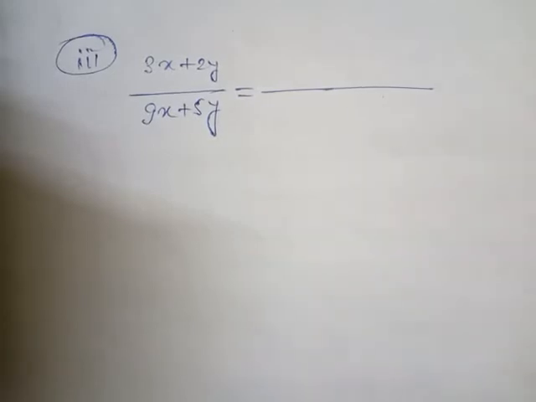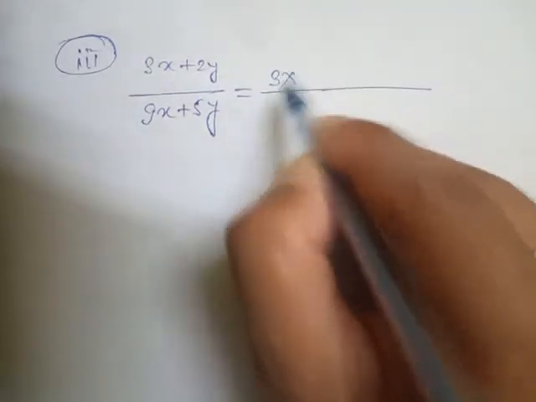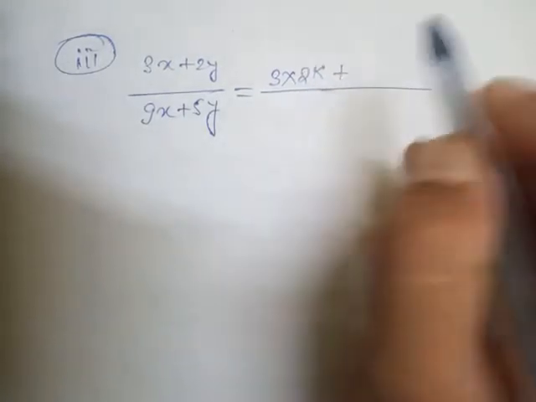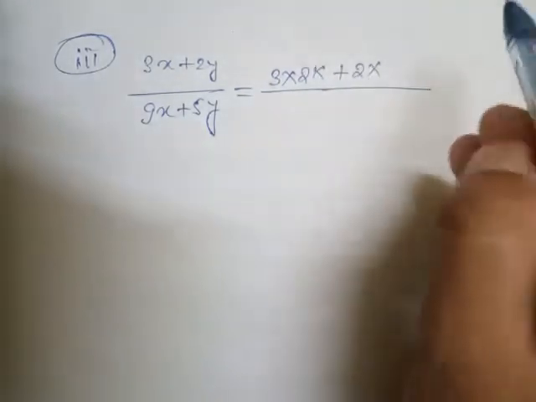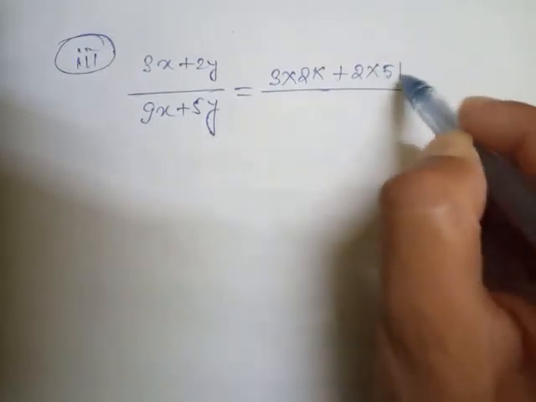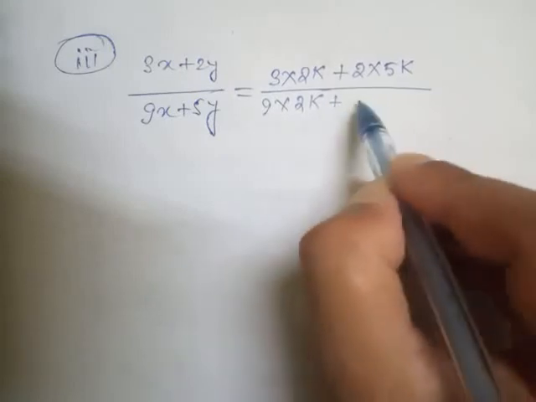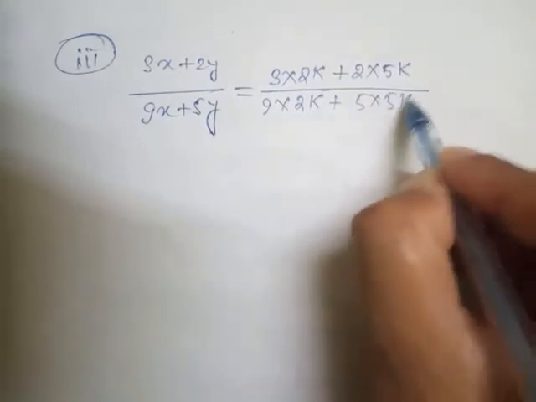So here, 3 into the value of x, x is 2k, plus 2 into the value of y, y is 5k, then 9 into 2k plus 5 into 5k.